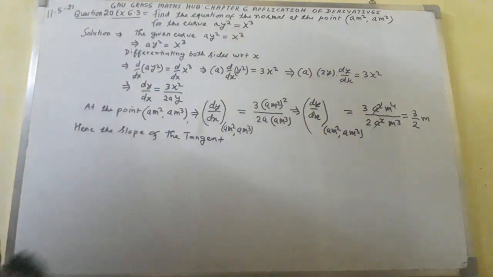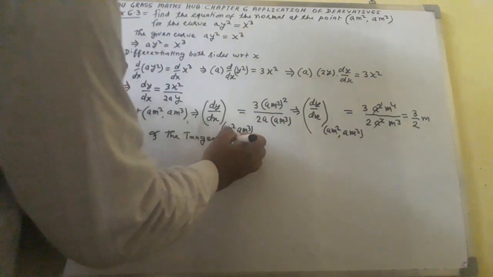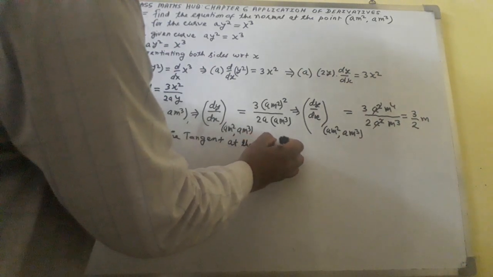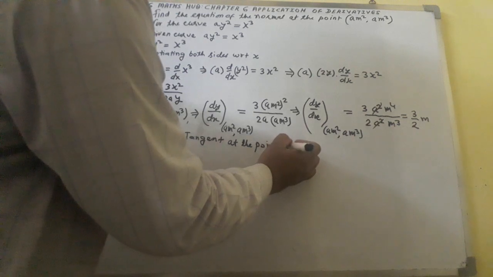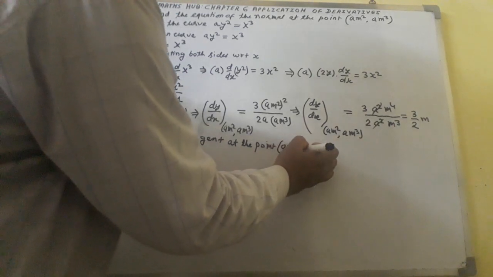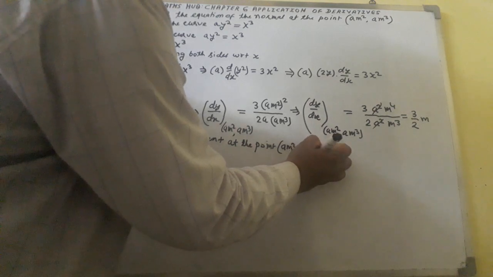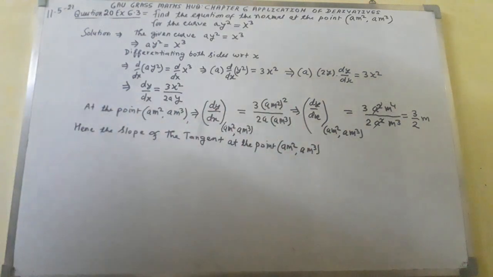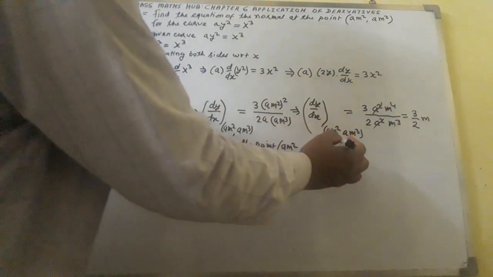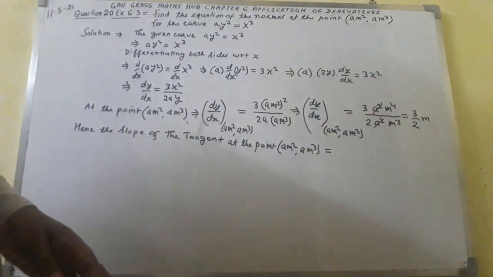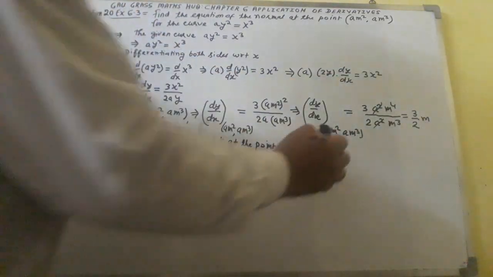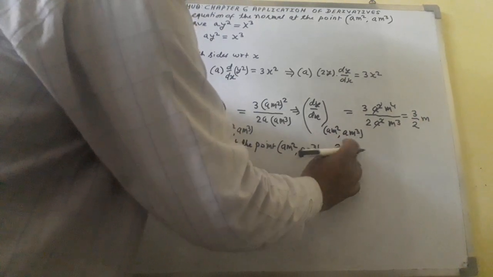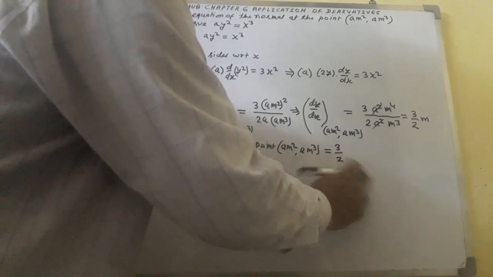Hence the slope of the tangent at the point (am², am³) is 3 over 2 times m. This value we got.